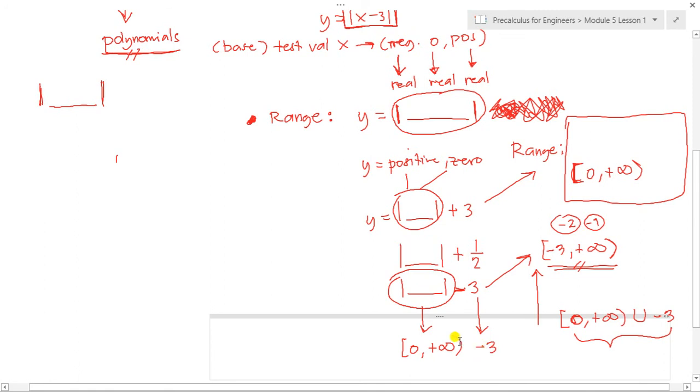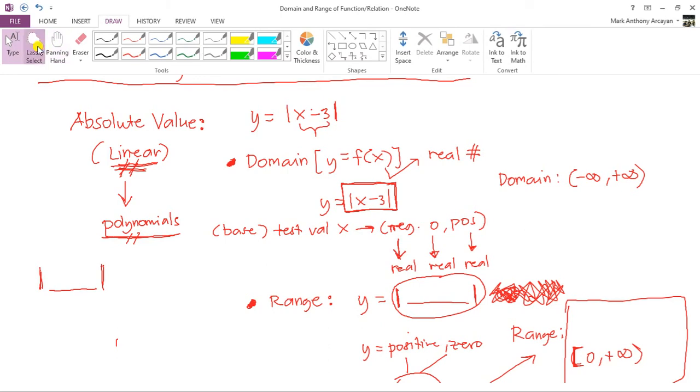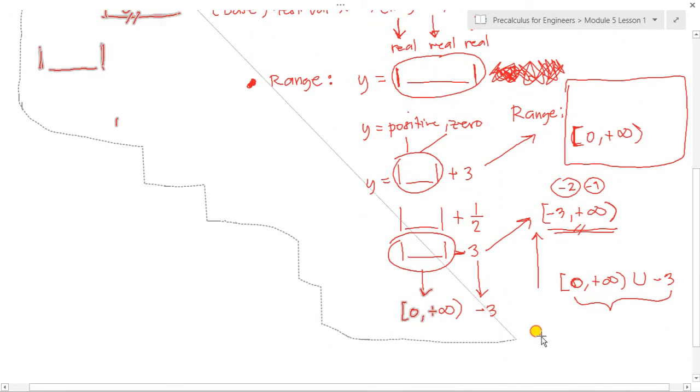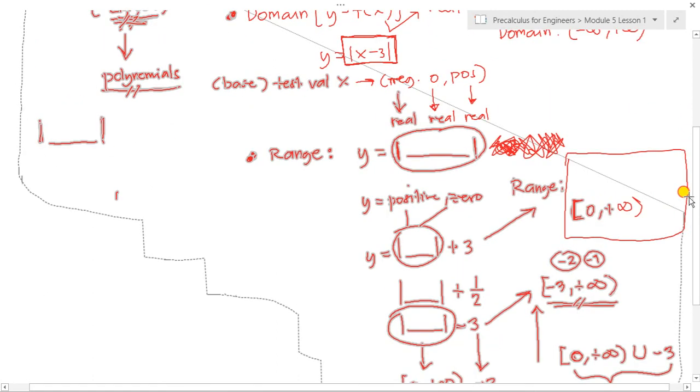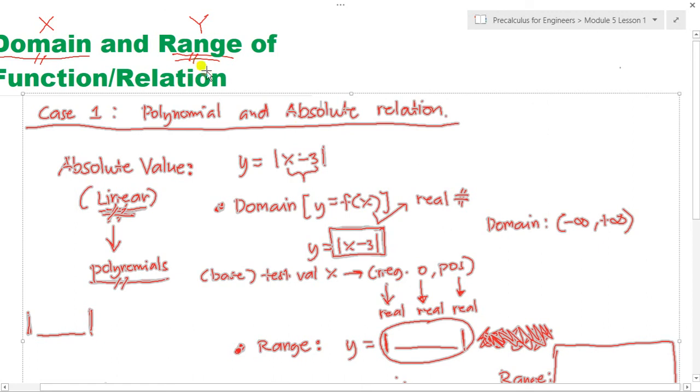Okay, after the absolute value class, let's proceed to case number 2. So, case number 2 na ta. I hope dili ninyo ma-forget kay challenging gining pag-solve og absolute value, domain and range.